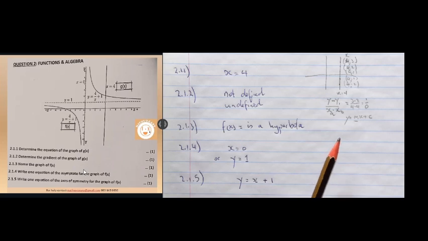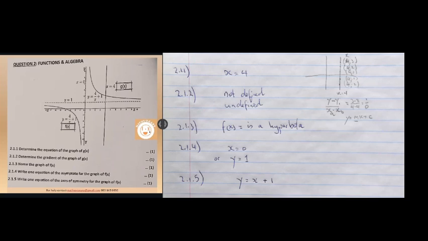What was important for me is that I wanted to make a distinction. In 2.1.1, they say determine the equation. All right. So it means they want x is equals to something. Now, here in 2.1.3, what do they say? They don't say determine, they say name. All right. So it means they want the name of the type.